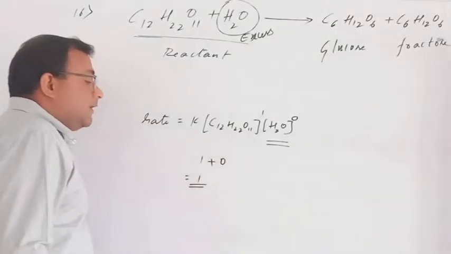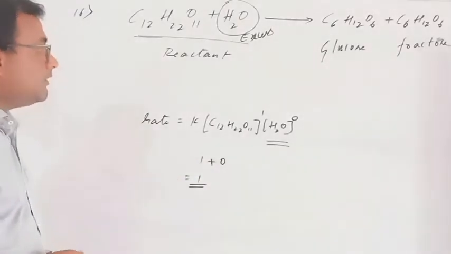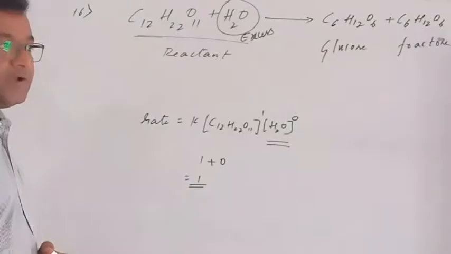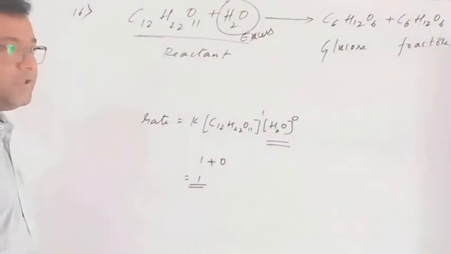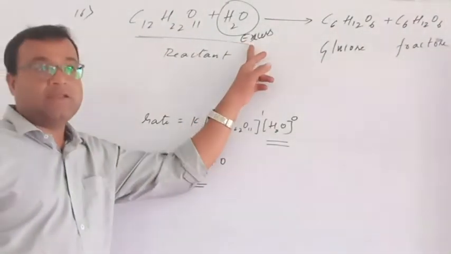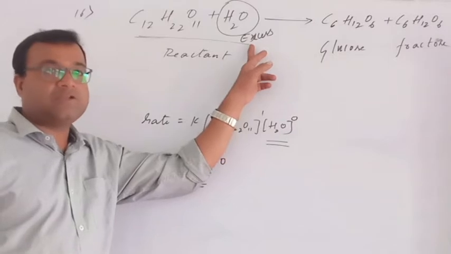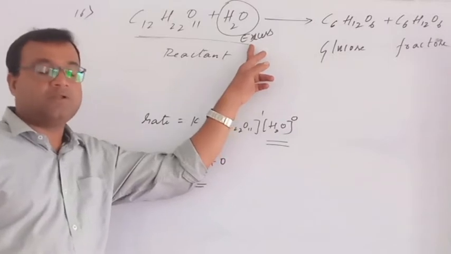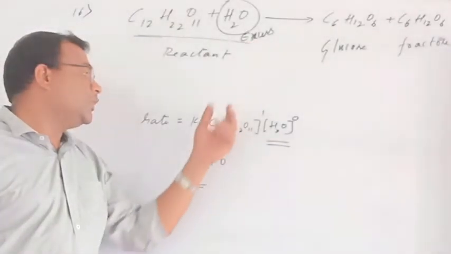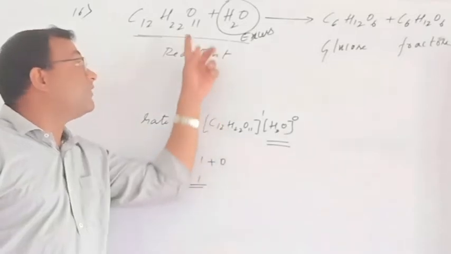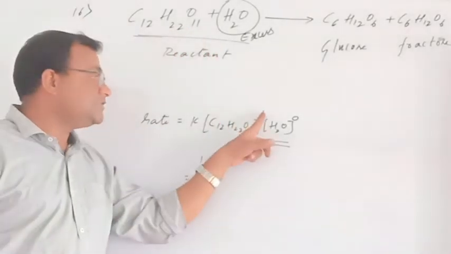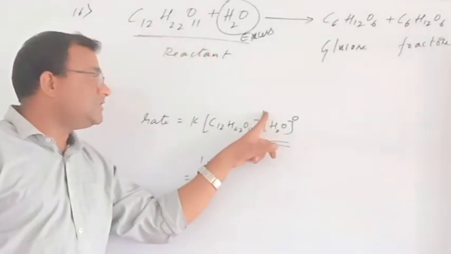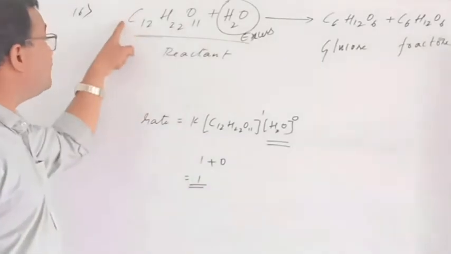Then it looks like second order, but it comes under first order reaction. Why? Because one is taken in large excess, its concentration or amount of water doesn't change much. So we can take concentration of this as changed. So when there is a change, then you can take the order as 1.